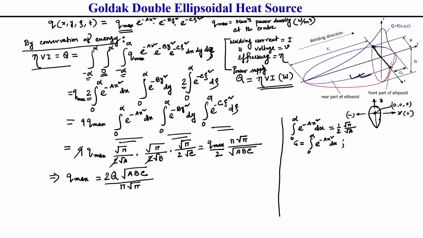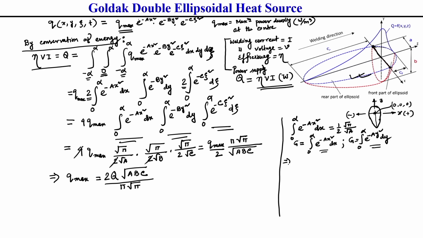Similarly, g also can be written for the y axis as 0 to infinity e to the power minus a y square dy. This we can write, correct, because a is a parameter only; g can be written along the x axis like this, along the y axis like this.